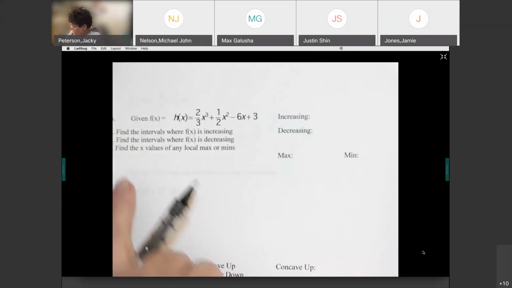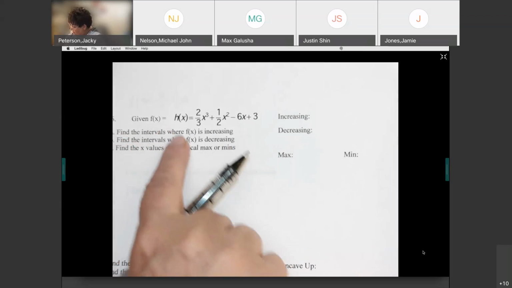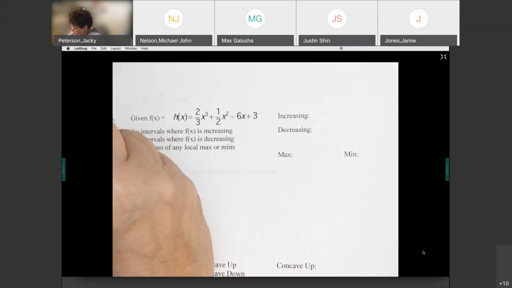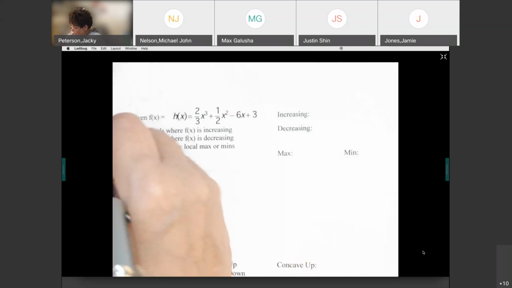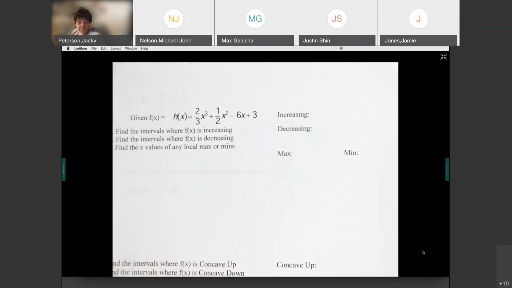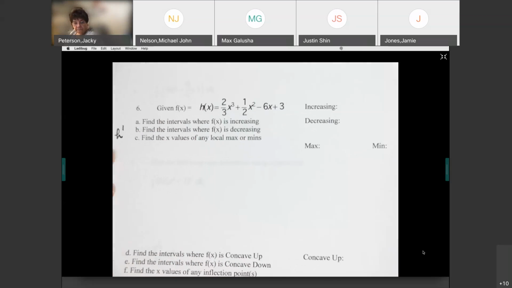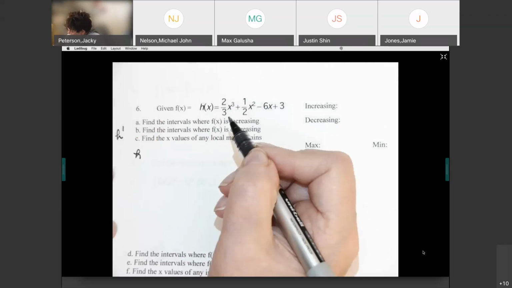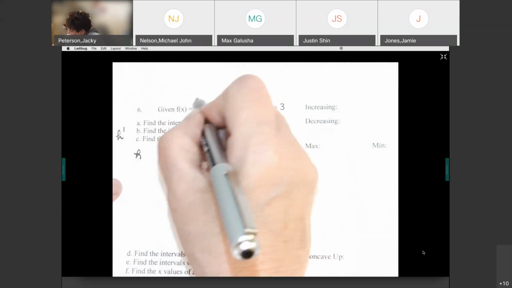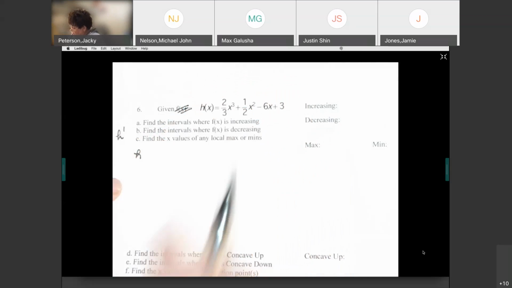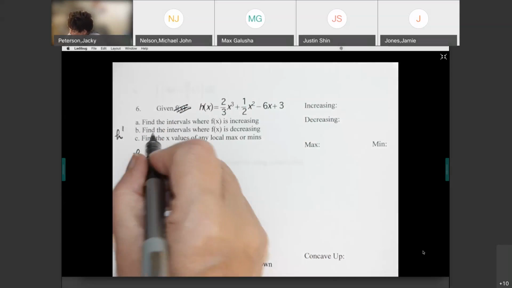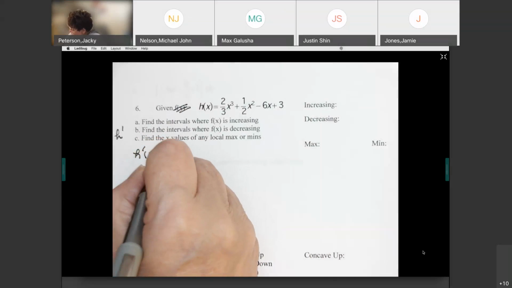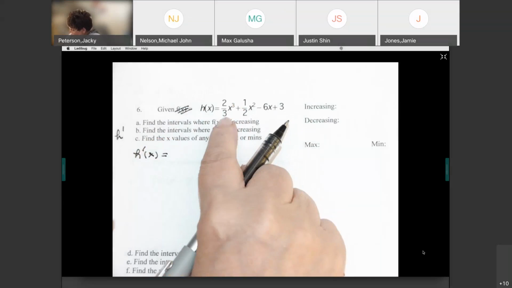Well, if I'm doing max, min, increasing and decreasing, this is the first derivative. So my function is h, so this comes off of h prime. H prime of x equals 3 times 3 2/3.